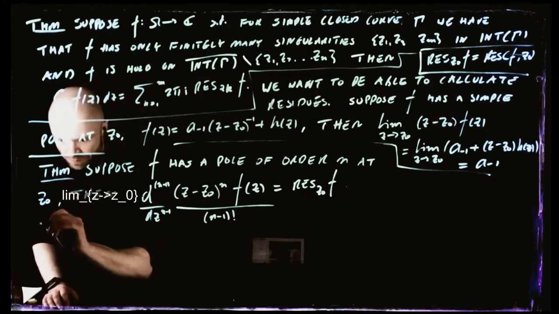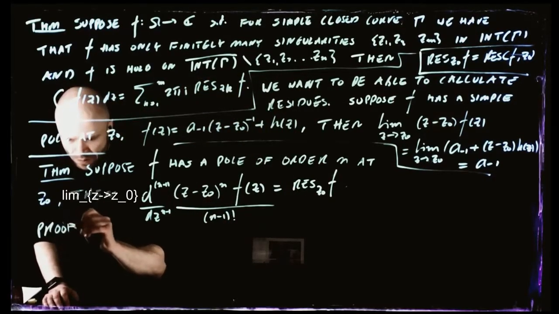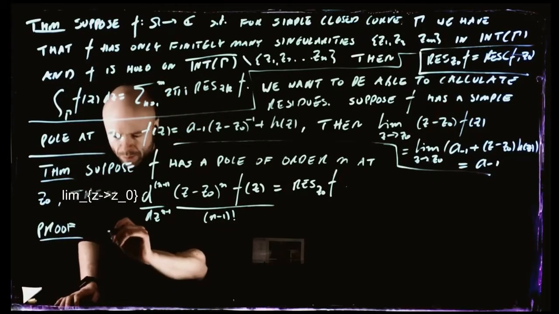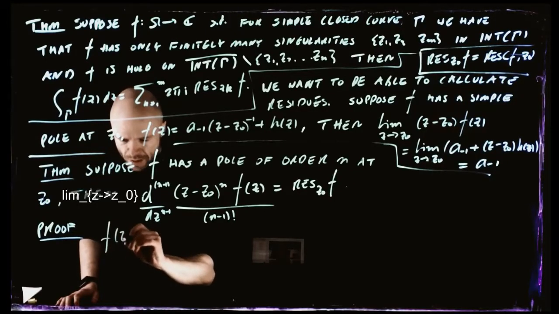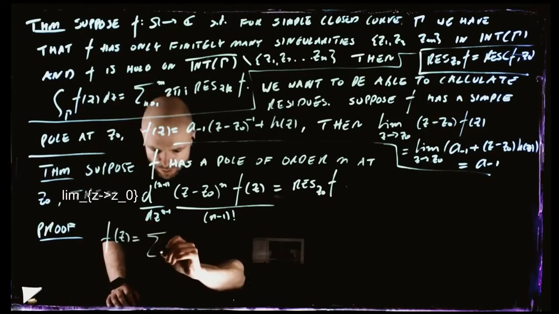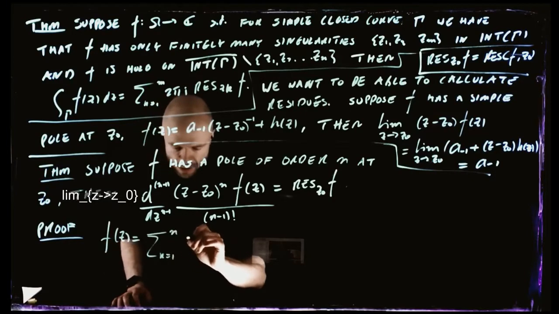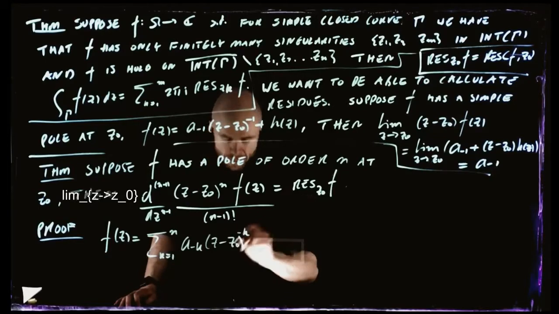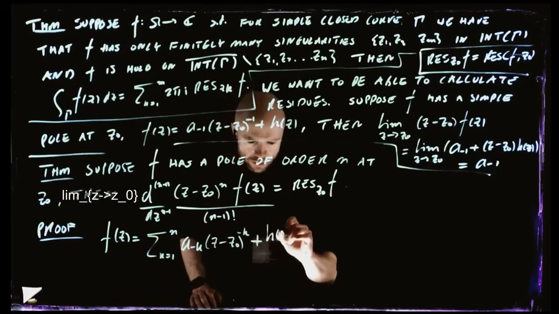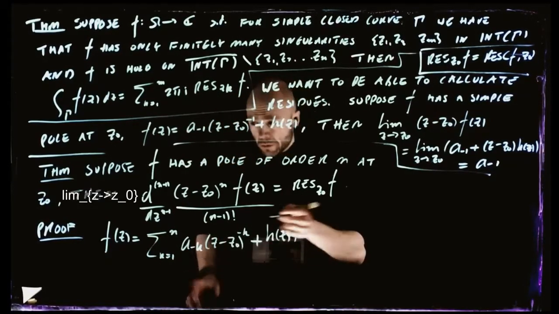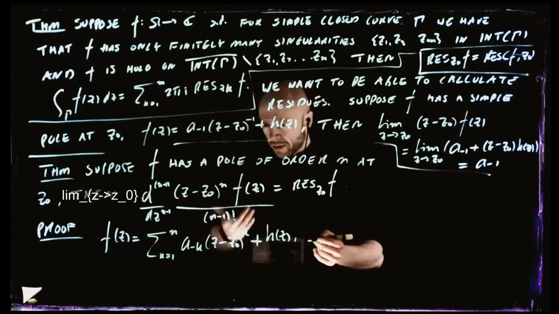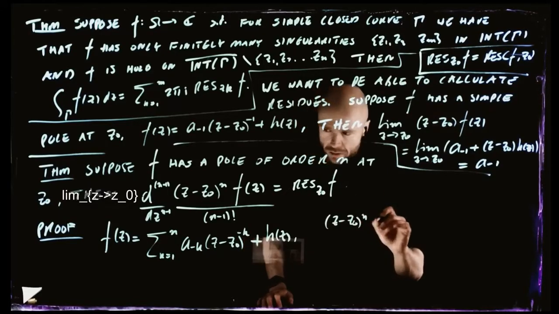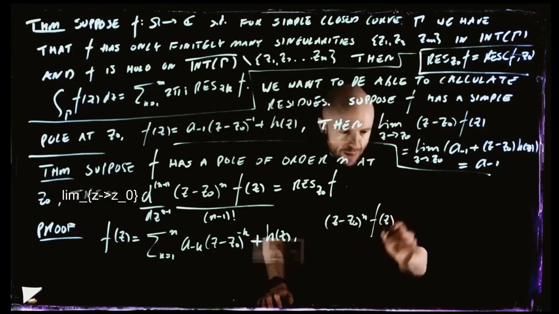All right, so this is what we have. So why is this true? This is a calculation. So if we have that it has a pole of order n, what does that mean? That means f(z) is of this form, the sum from k equals 1 up to n, a_{-k} (z minus z0) to the minus k, and then plus the holomorphic part that we don't have to worry about. So when we multiply this thing by (z minus z0) to the n, what happens?